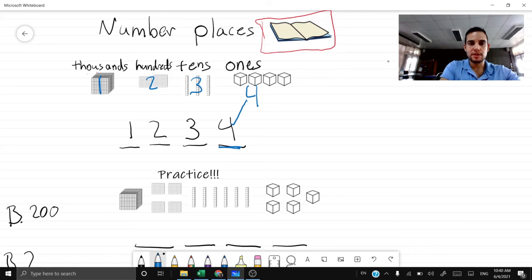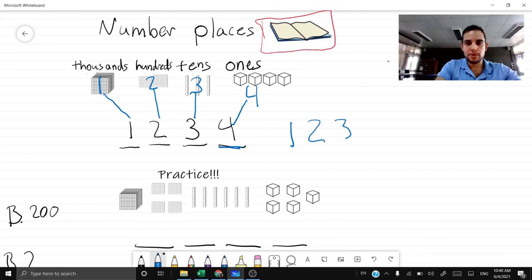So the 4 goes here, the 3 goes in the tens place, the 2 goes in the hundreds place, and the 1 goes in the thousands place. And our new number is 1,234.